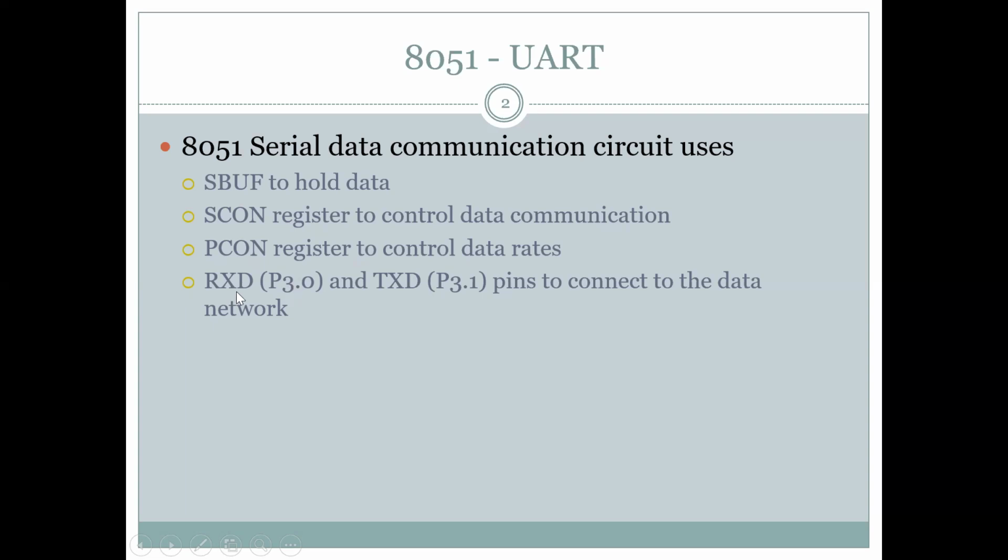One is RxD, through which you can receive data, and another is TXD, the transmit data pin, through which we can transmit data bit by bit. These are actually the alternative functions of P3.0 and P3.1 to connect to the data network. So this is the communication circuit needed: the registers and hardware pins.